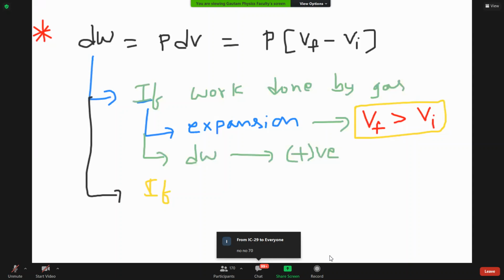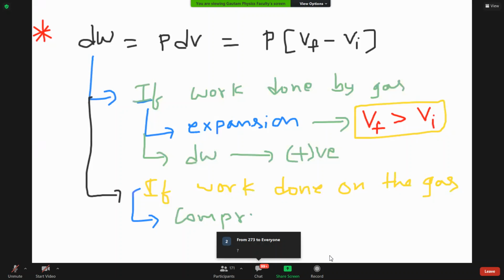Next one. If work done on the gas, it is called compression.